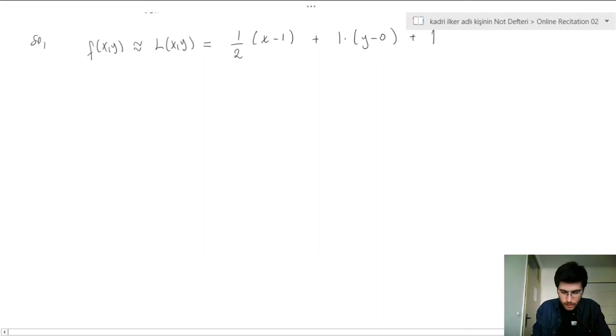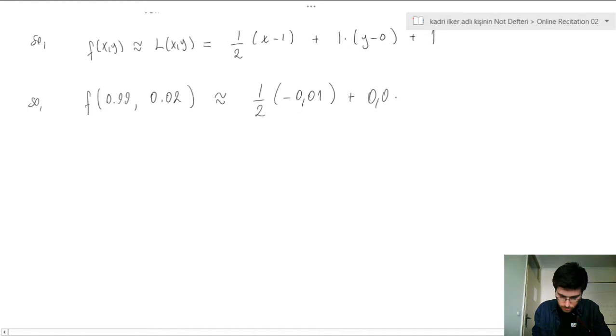I mean, that's all. This is how to approximate f by using such a linear function. So this is the idea. You have a function which is complicated, but we are going to approximate values by using a suitable linear function. If you look carefully, L(x) is just linear. So f at (0.99, 0.02) is approximately 1 over 2 times minus 0.01, plus 0.02, plus 1.